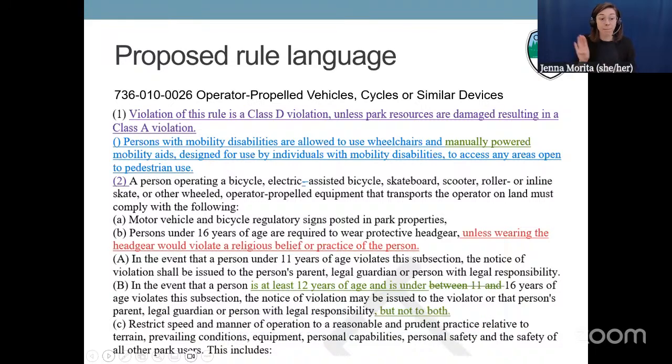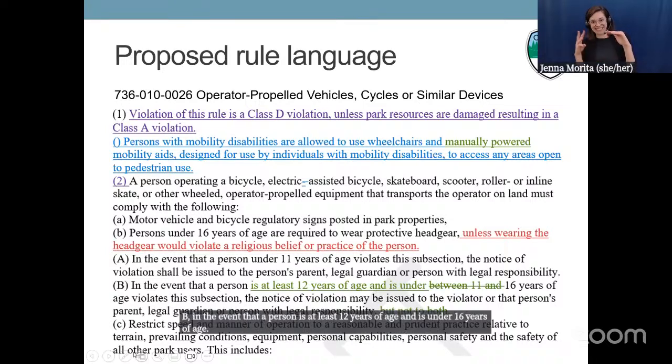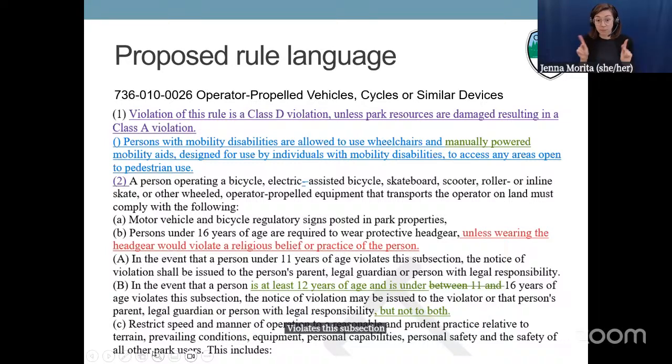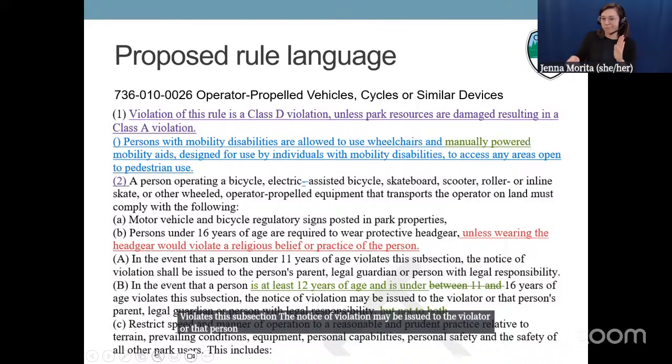B, in the event that a person is at least 12 years of age and is under 16 years of age, violates this subsection, the notice of violation may be issued to the violator or that person's parent, legal guardian, or person with legal responsibility, but not to both.